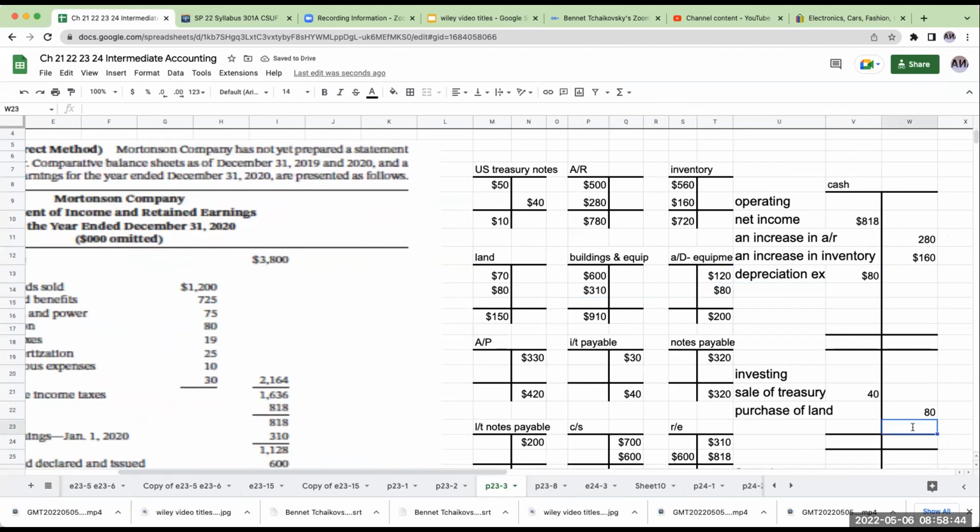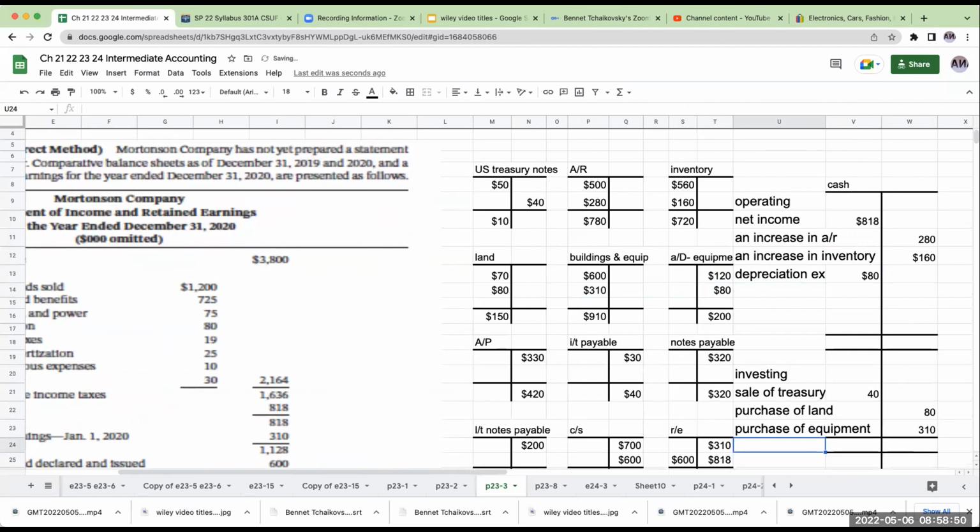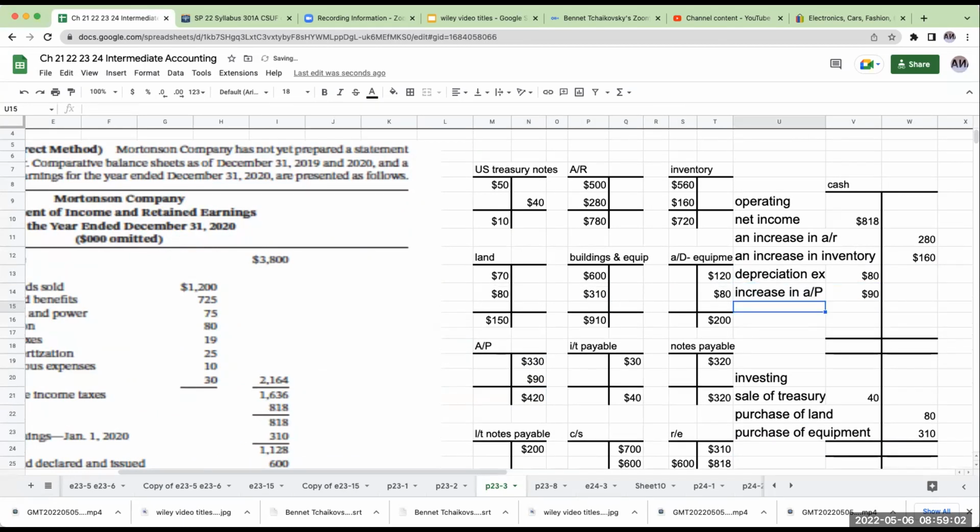So this is going to be a purchase of equipment. Accounts payable went from 330 to 420, or an increase of 90. So this is going to be an increase in accounts payable of 90. This is income taxes payable.